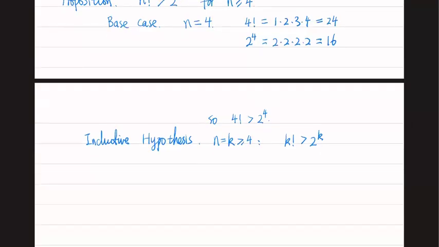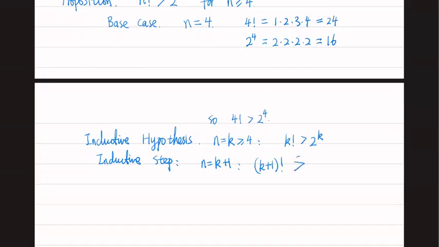The inductive step. N equals the next one, k plus 1. We want to check this k plus 1 factorial.